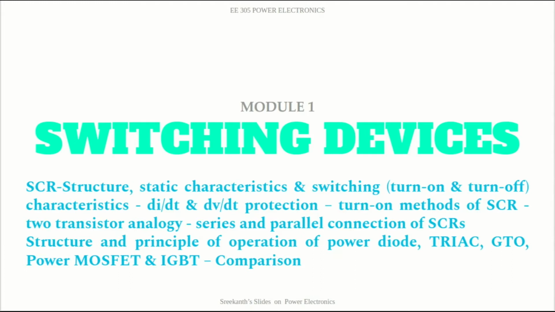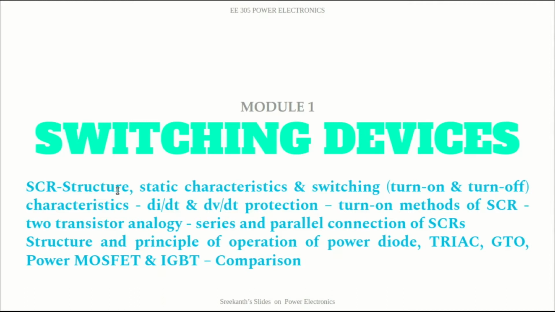Now, before starting, let's first look through the syllabus. First, we'll be dealing with SCR, its structure, the static characteristics and switching characteristics of SCR. Then we'll move on to di/dt and dv/dt protection.